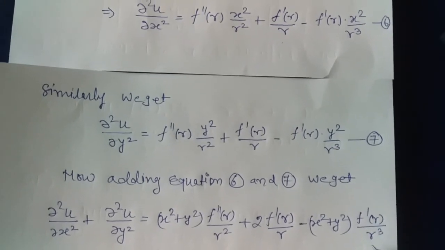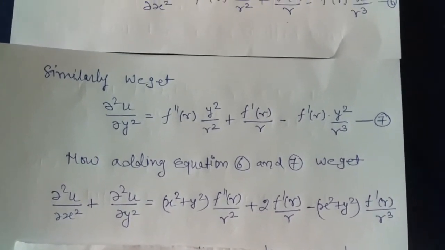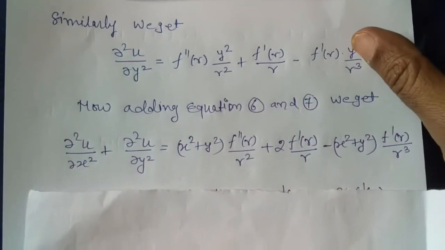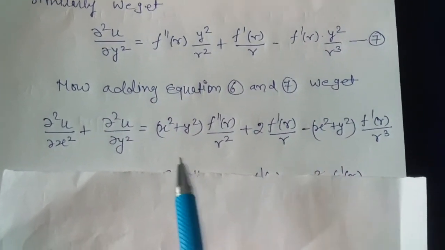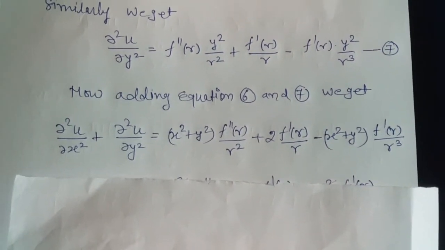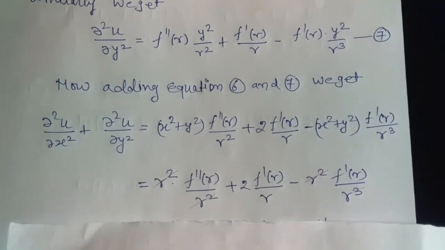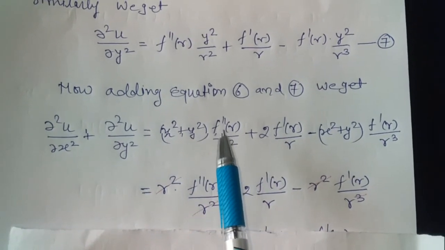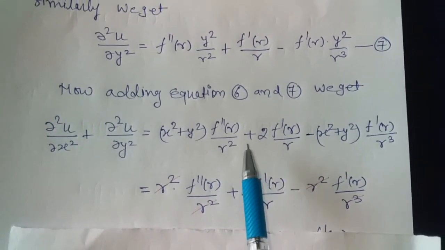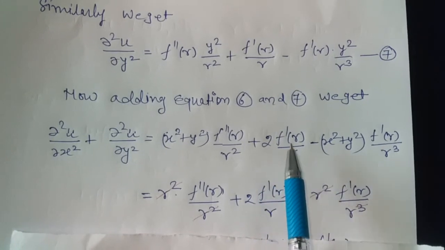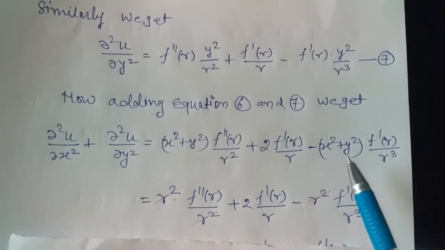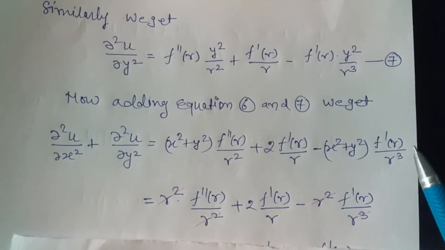Now as the value of x square plus y square is given as r square, in place of x square plus y square we put r square, and we get r square into f double dash r upon r square plus 2 times f dash r upon r minus r square into f dash r upon r cube.